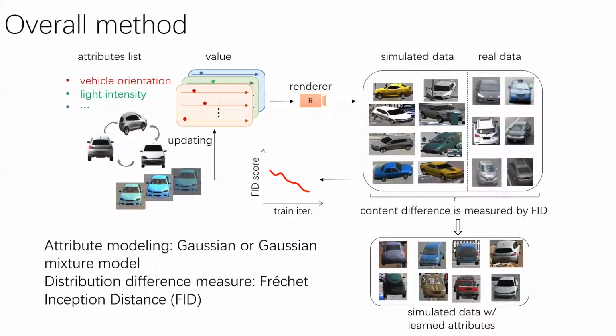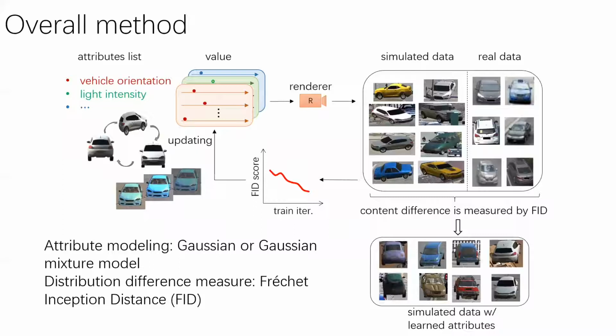We propose an attribute descent approach to approximate attribute distribution in real-world datasets. The workflow is shown here. Given a list of attributes and their values, we use a renderer for vehicle simulation. We compute the Fréchet Inception Distance between the synthetic and real vehicles to indicate their distribution difference.